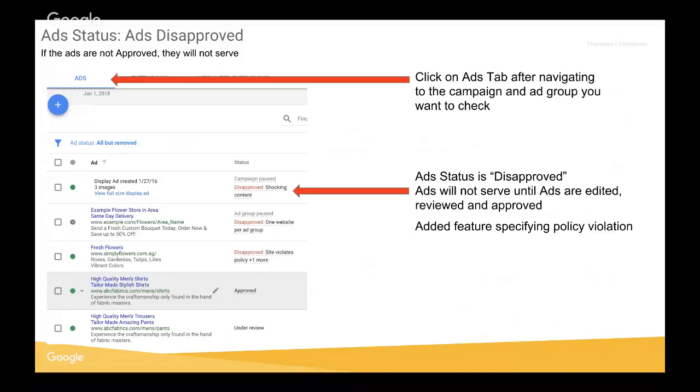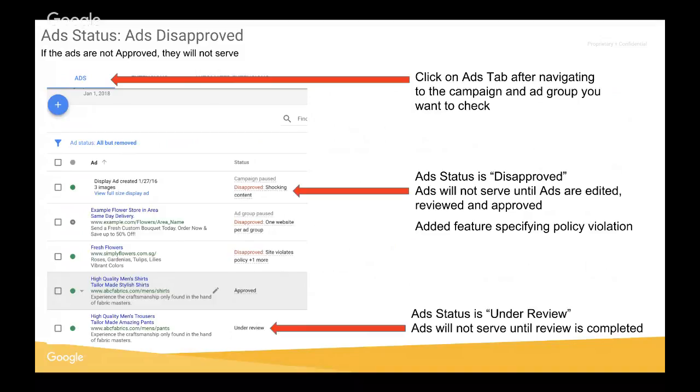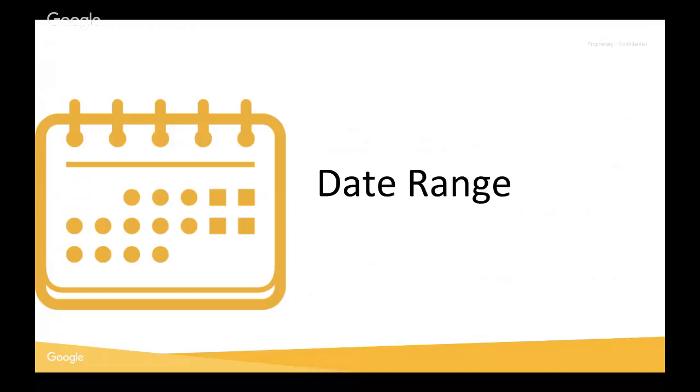So generally it says disapproved and a colon, and then the reason for the disapproval, and there can be many different policy violations that relate to ad status. So again, I encourage you to use the new interface because, like I said, there are many more features in it. And similarly with under review, if the ad is under review, you'll see the same status in the ads tab.